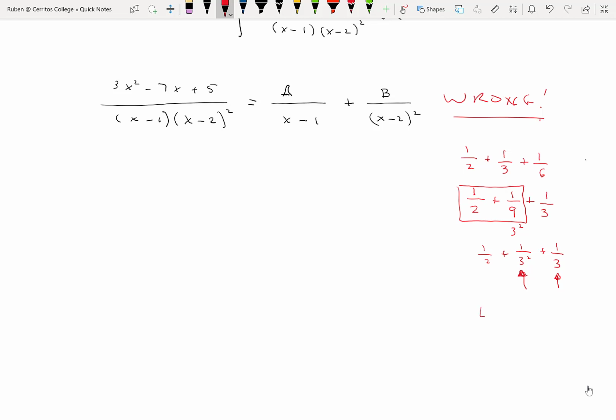You see that the least common denominator is 2 times 3 squared. So we have to assume that our partial fractions decomposition had 2 in the denominator, 3 in the denominator, and also 3 squared in the denominator.